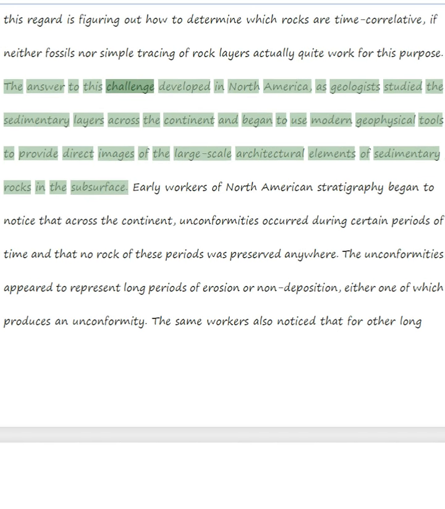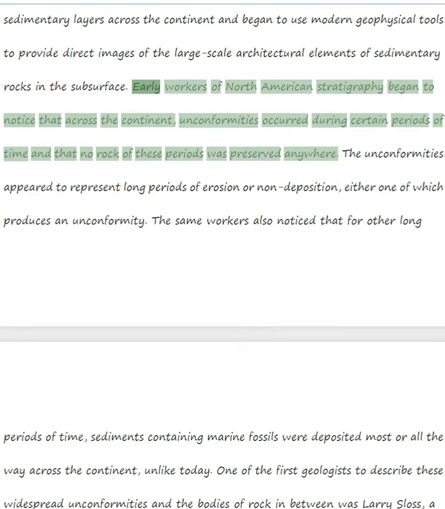The answer to this challenge developed in North America, as geologists studied the sedimentary layers across the continent and began to use modern geophysical tools to provide direct images of the large-scale architectural elements of sedimentary rocks in the subsurface. Early workers of North American stratigraphy began to notice that across the continent, unconformities occurred during certain periods of time and that no rock of these periods was preserved anywhere.